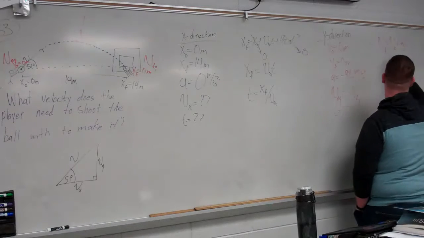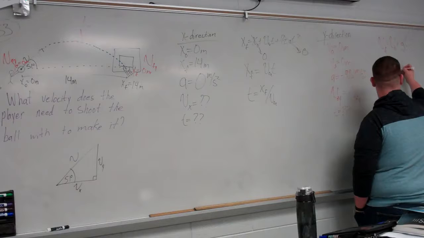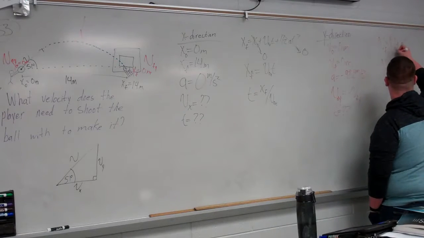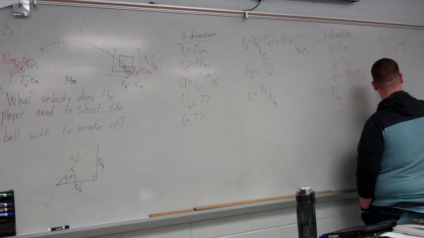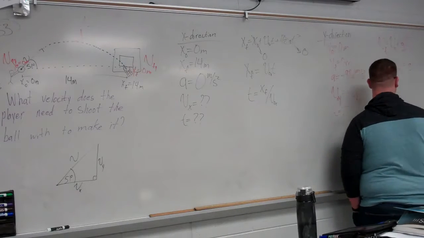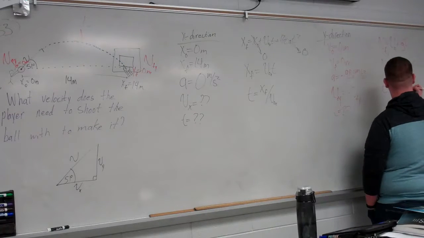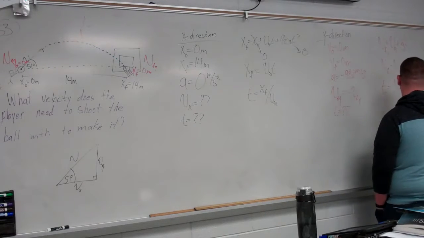So with this, final velocity minus initial velocity in the y direction is equal to gravity times time. So time in the y direction is equal to the final velocity minus my initial velocity, all divided by gravity.